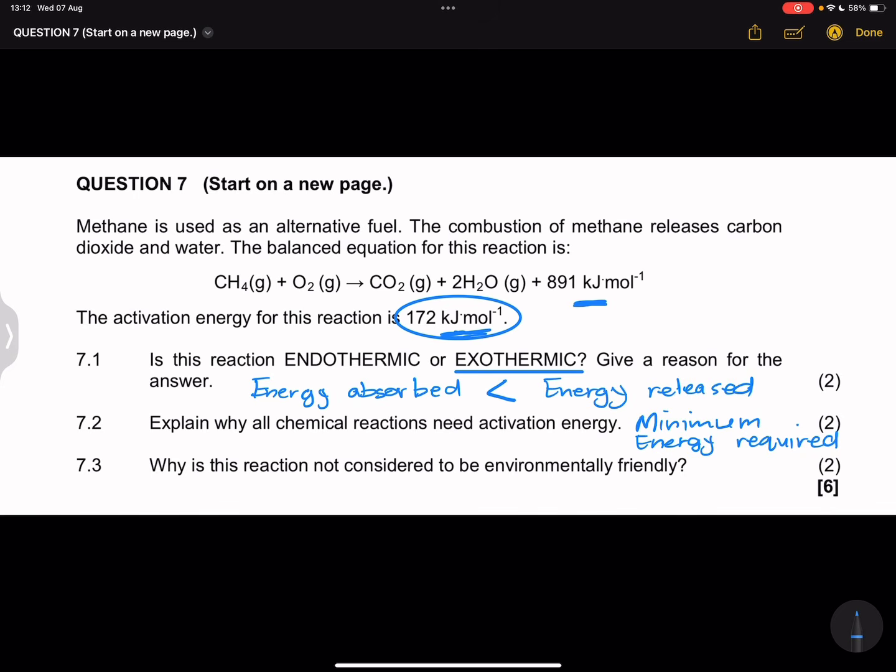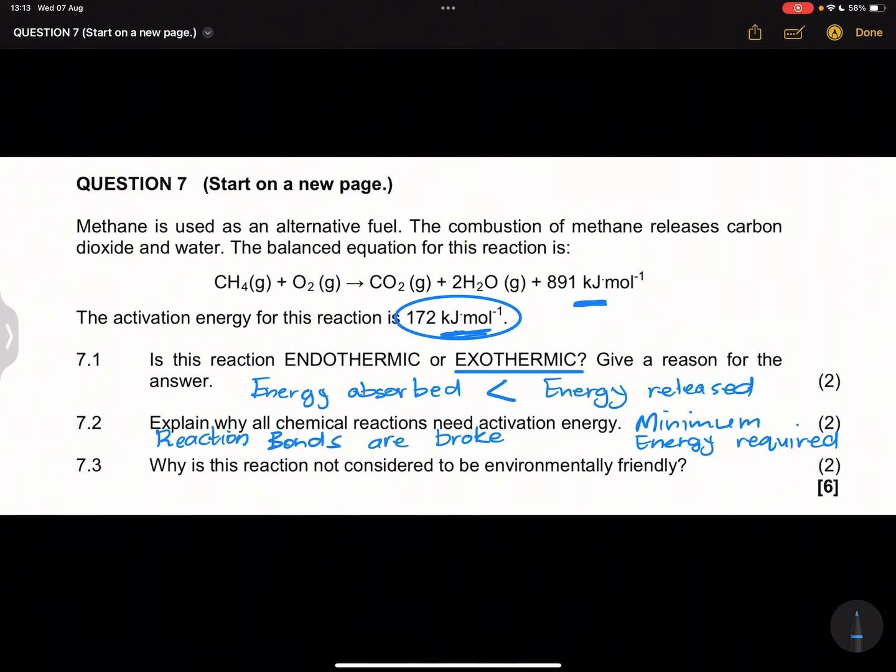We said this earlier, so that we are able to break bonds, so that the reactant bonds are broken. And there we go. That is why we would need the activation energy.